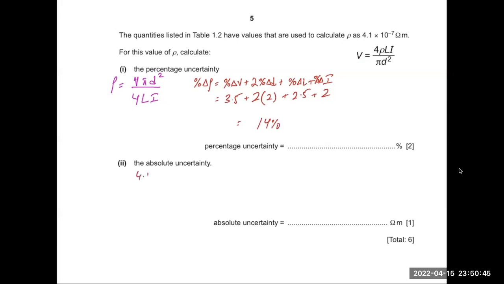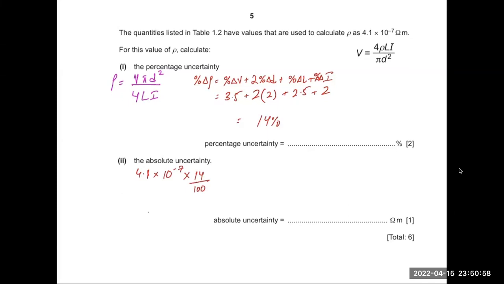So 4.1 times 10 raised to the power minus 7 times 14 upon 100, which I believe is equal to 6 times 10 raised to the power minus 8 ohm meter. 6 times 10 raised to the power minus 8 ohm meter. Is this clear?